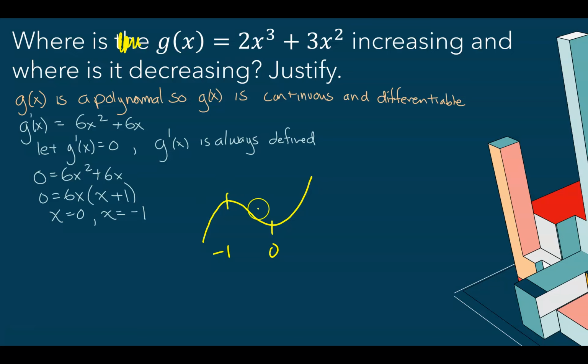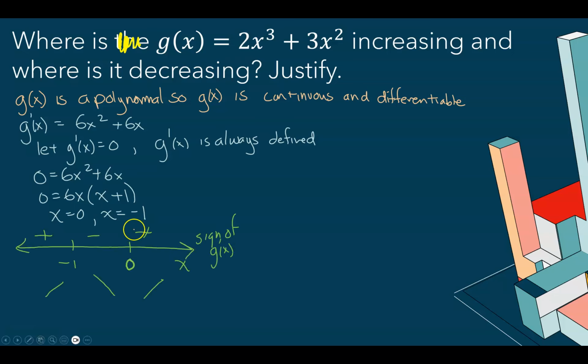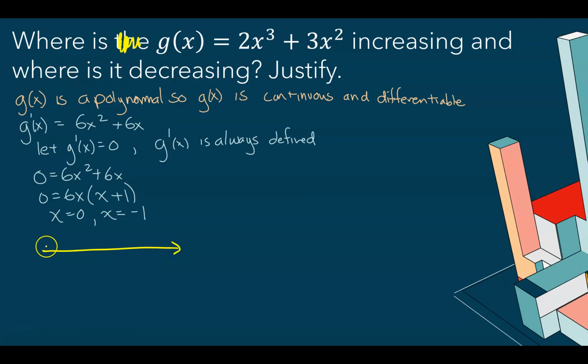Likewise, negative between negative 1 and 0, and g prime is positive for x values greater than 0. So we make a sign chart. Negative 1, 0, these are x's, and we're going to say the sign of g prime.